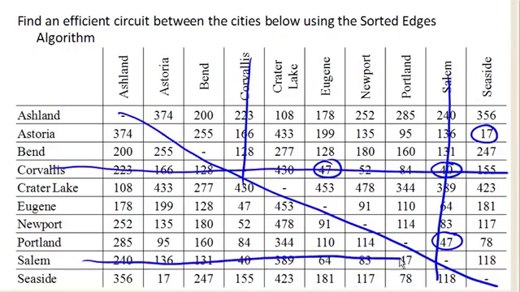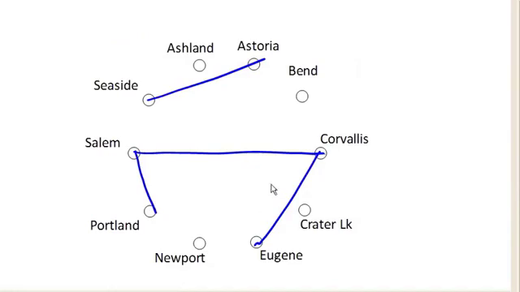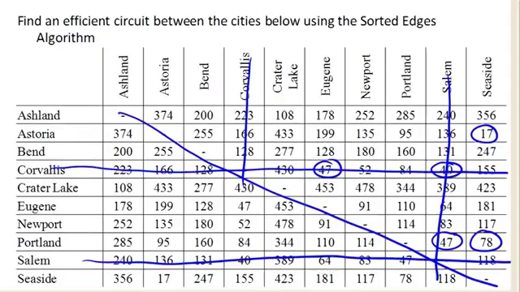Okay. So moving along, our next cheapest option here is 78, Portland to Seaside. So we'll go Portland to Seaside, and then next is Eugene to Newport.